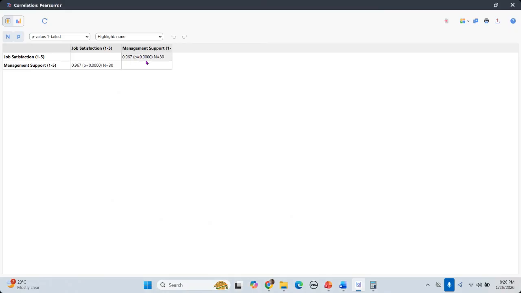Our p-value is less than 0.05. It means there is a significant relationship between job satisfaction and management support. If there is good support, obviously there is going to be good satisfaction among the employees. It means there is a high positive correlation.